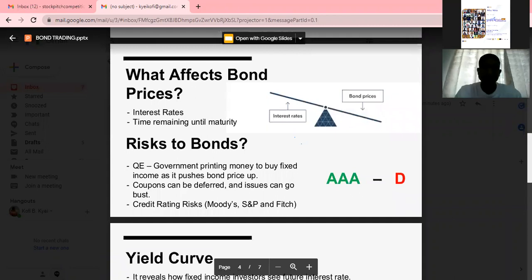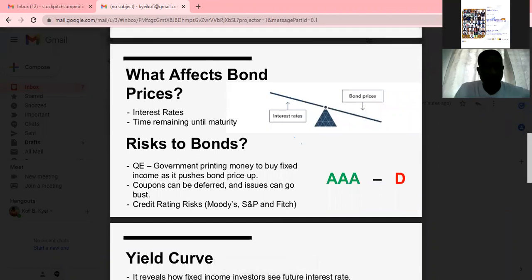Okay, so what affects bond prices? The number one thing that affects bond prices is interest rates. Okay. So let me just put this example across. Let's say you are expecting 10% return or yield on your bond that you are holding, okay?